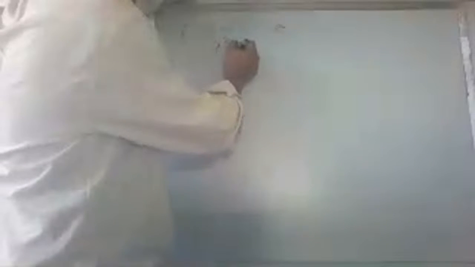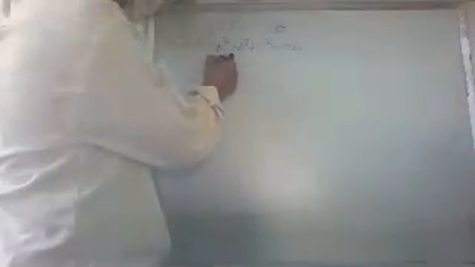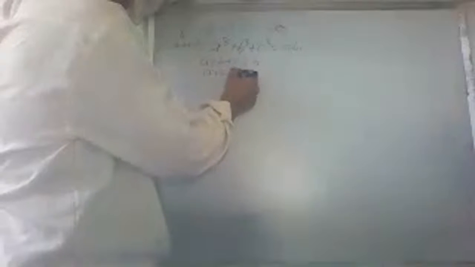If a plus b plus c is equal to 0, show that a cube plus b cube plus c cube equals 3abc. You have to show this important question. Given a plus b plus c is equal to 0, bring c here. a plus b is equal to minus c.